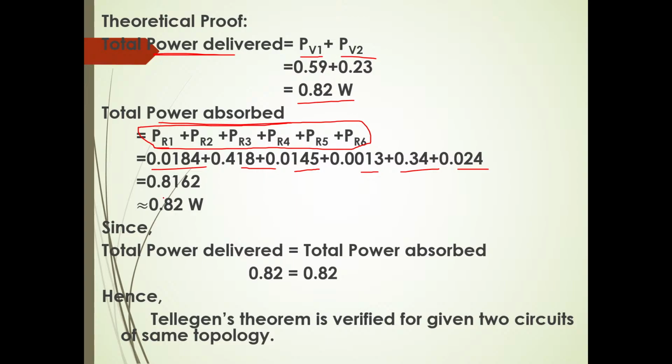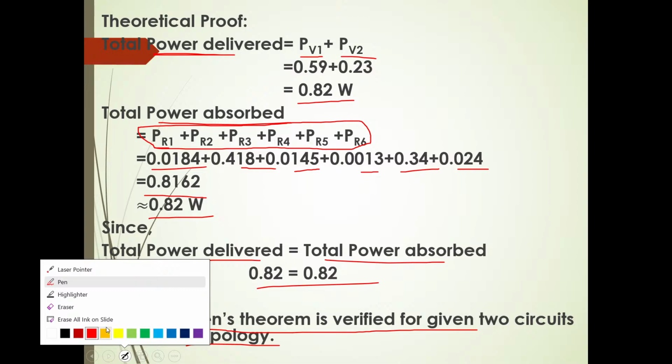We have got 0.8162, which is approximately equal to 0.82 watts. So if you observe carefully, total power delivered is equal to total power absorbed. Hence, Tellegen's theorem is verified for the given two circuits of same topology.